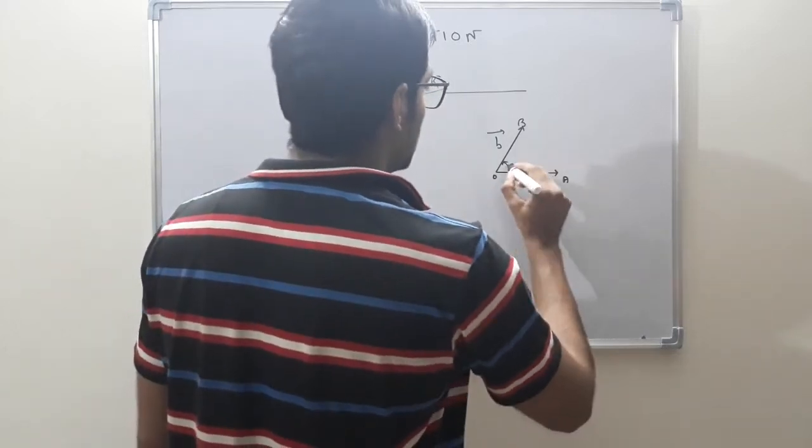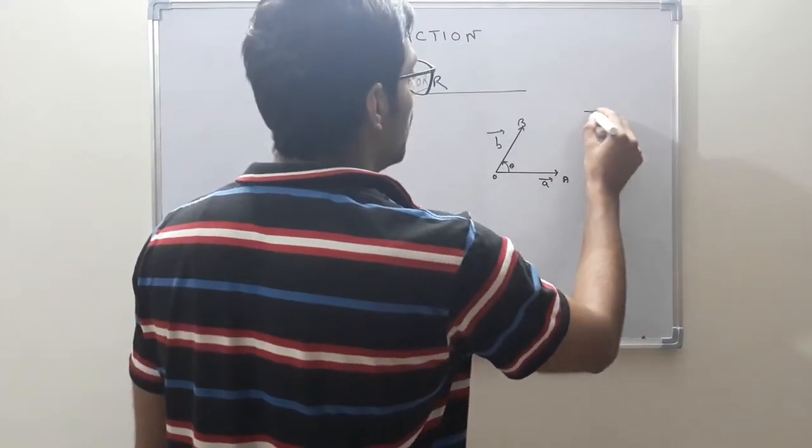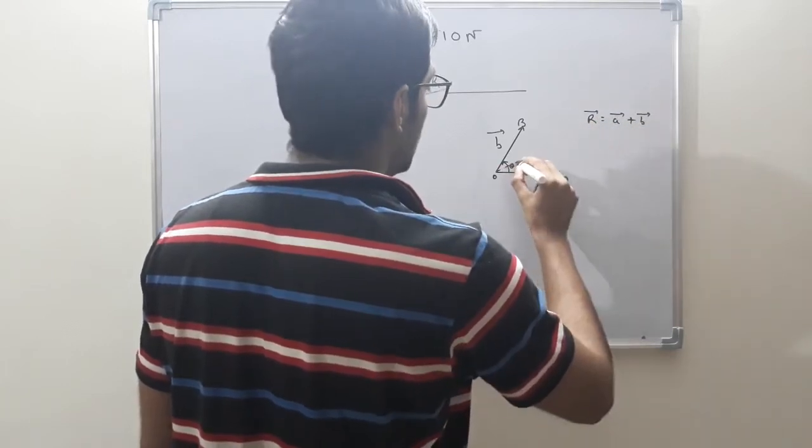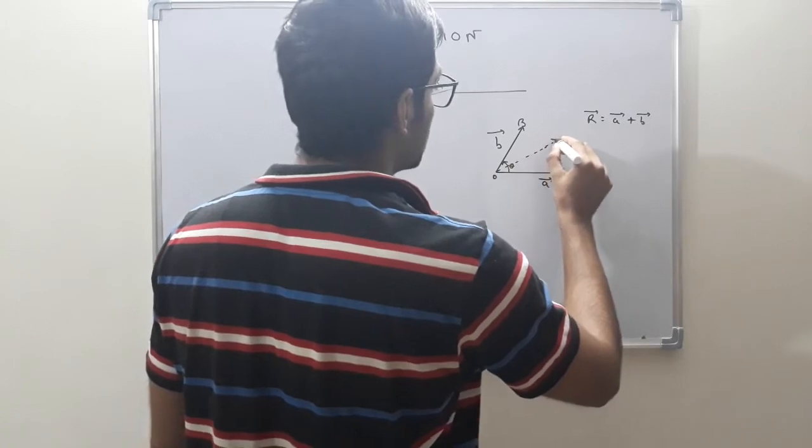In that case we found that R is the resultant vector and is given by vector A plus vector B. The direction of vector R was given in this direction.